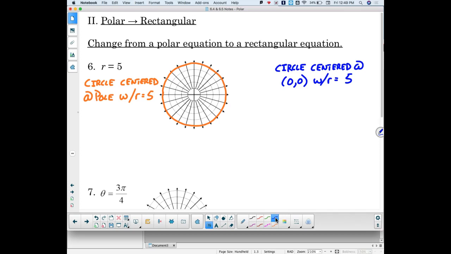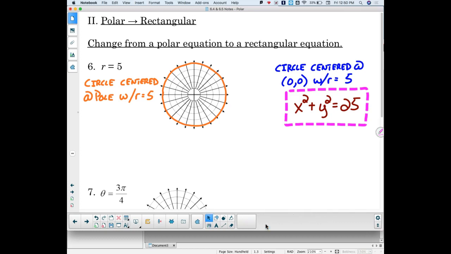First semester, what is the equation of a circle centered at the origin with radius of 5? x squared plus y squared equals 25. Did your memory fail you? Okay, so we got to come up with a different way for when our memory fails us, right? Okay, so let's go back here to r equals 5.